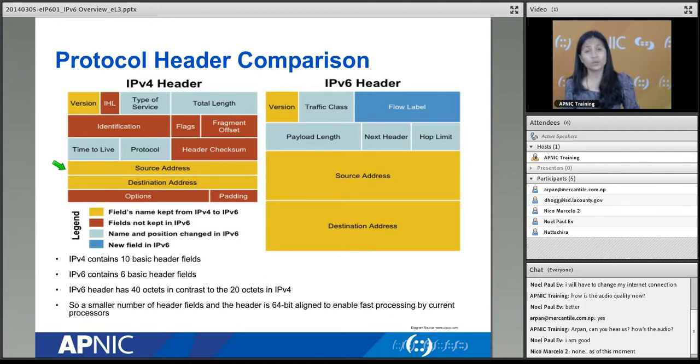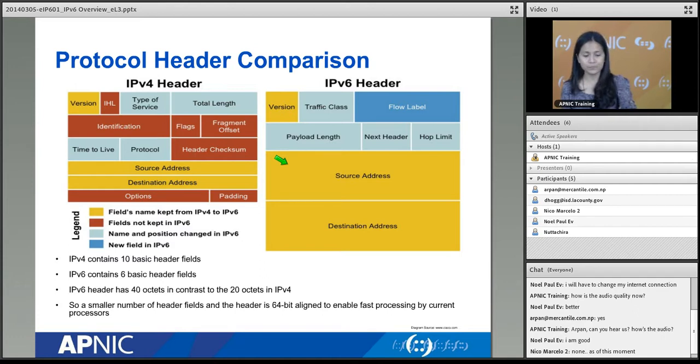The only difference perhaps is that in IPv4 you only use 32 bits. So the field size would only contain 32 bits for both source and destination addresses, whereas in IPv6 it will be 128 bits each for the source and destination addresses. But the functions, what you put in there, the contents are all the same.